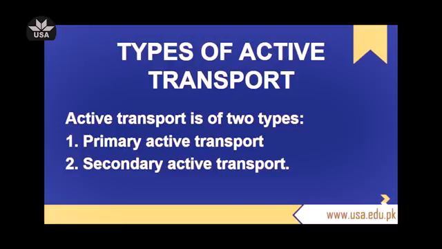Previously we also discussed the types of passive transport diffusion, in which one type is called passive simple diffusion and the other is facilitated diffusion. Similarly, active transport has types, and it is divided into two categories: the first is called primary active transport and the second is called secondary active transport.